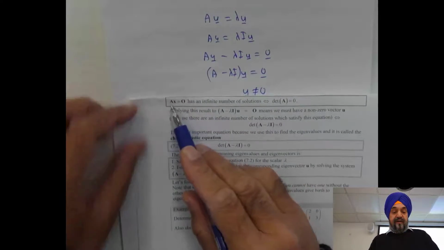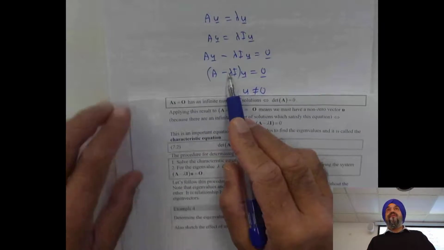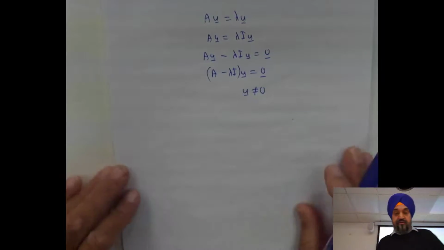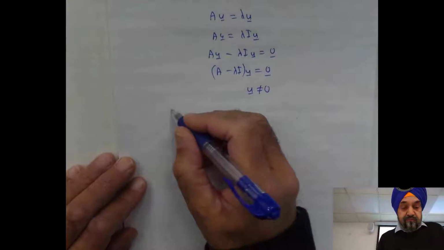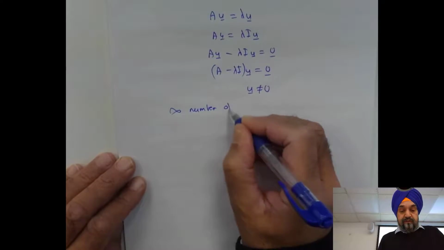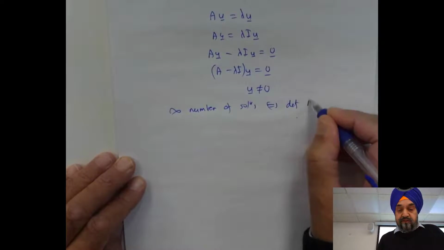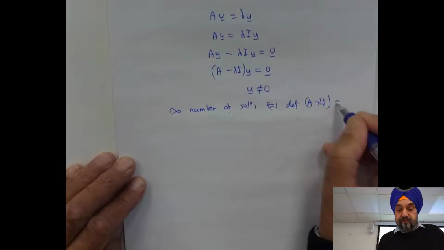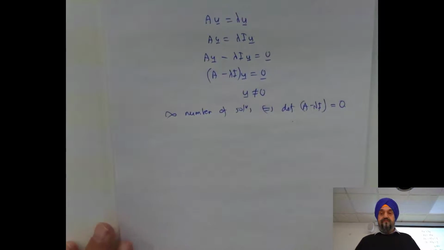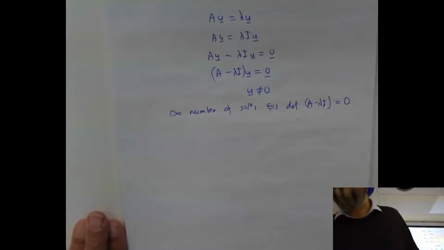So we want the determinant to be 0, giving non-trivial solutions, if and only if the determinant of A minus lambda I is equal to 0. And where do I get to?